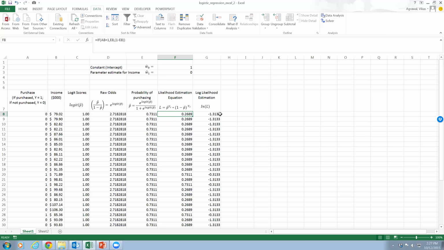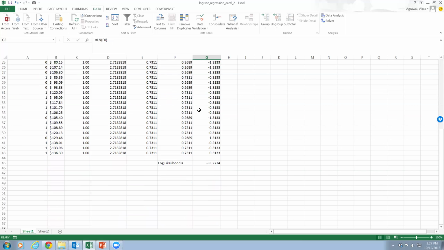Now, as you know, the log of 1 is 0, and log of 0 is negative infinity. So if you take the log here, all these values will be negative. And when you take the sum of all these values, it's going to be some negative number.